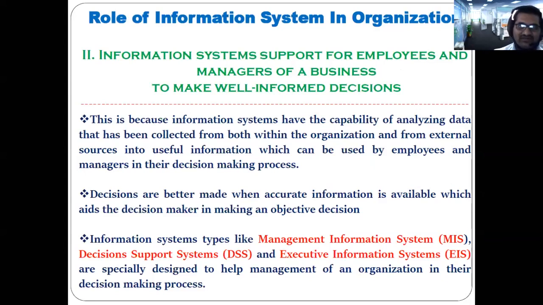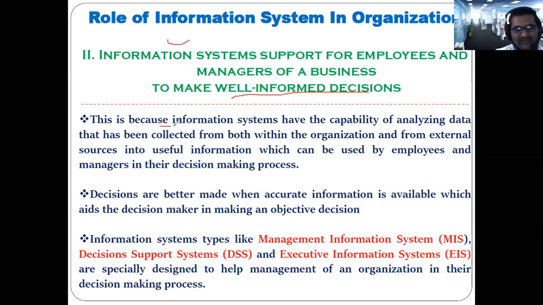Second role says: the information system supports employees and the managers of business to make well-informed decisions. Now second role is to support the managers. The managers can be junior level managers, senior level managers, or top level managers also. To all of them it supports making well-informed decisions. That is nothing but the second role performed by the information system.